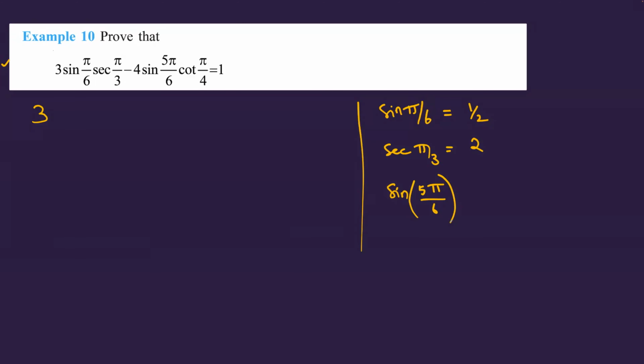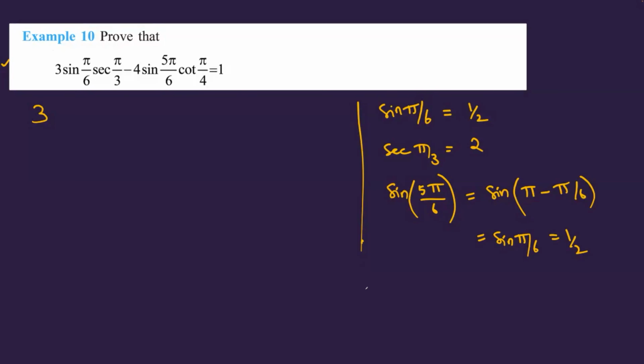Whenever the numerator is less than the denominator, you write it as something minus something. So here you will write it as pi minus pi by 6. This will be sine pi by 6, which is again a half.